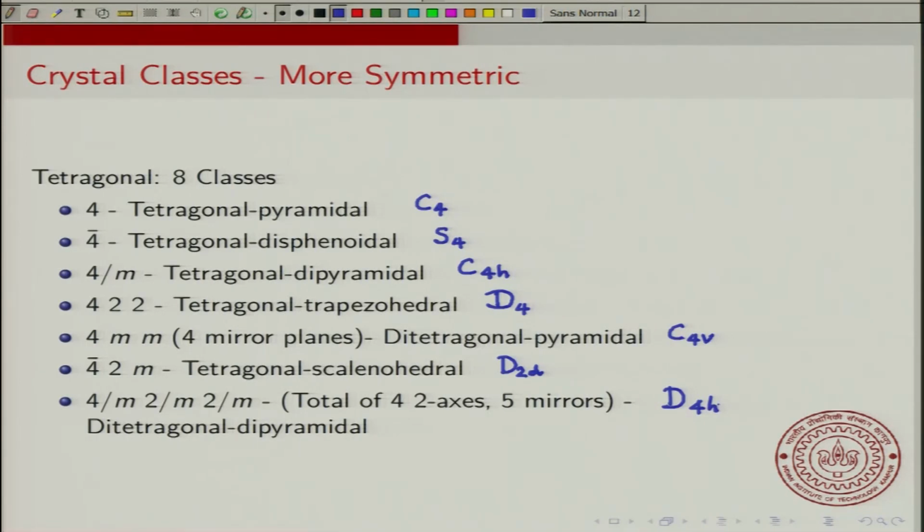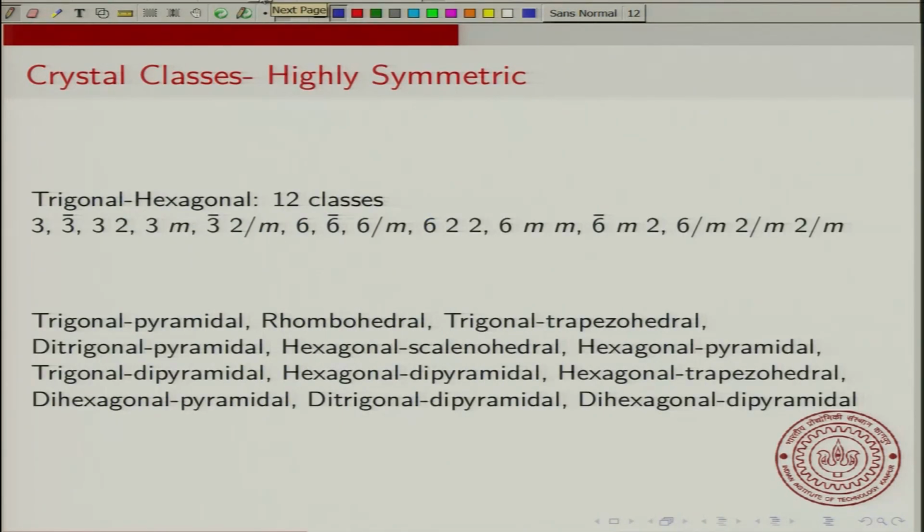Now I won't list all the trigonal and hexagonal groups. I'll just say that this is C3.